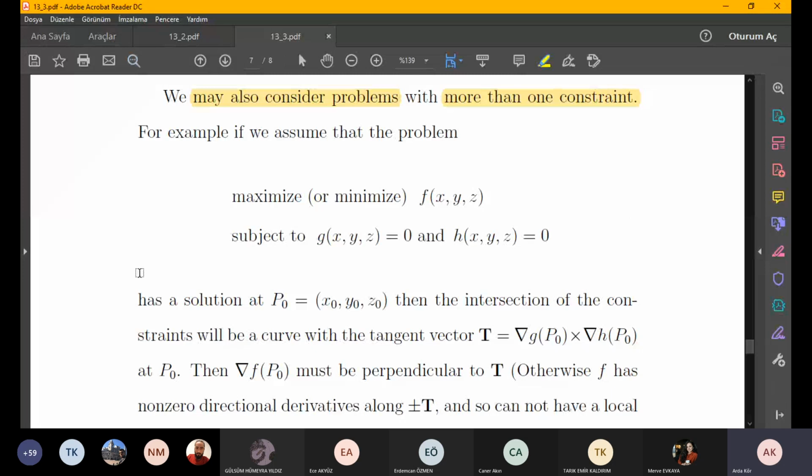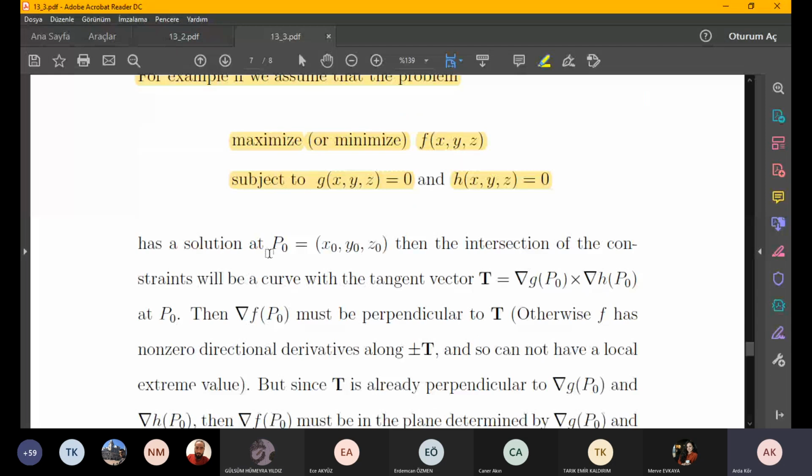All the examples that we have seen had just one constraint function, but there can be more than one. For example, consider a problem of maximizing or minimizing f(x,y,z) subject to two constraints, which are g(x,y,z) = 0 and h(x,y,z) = 0.